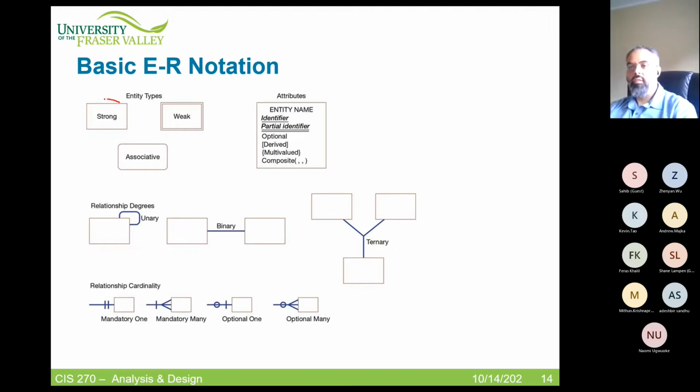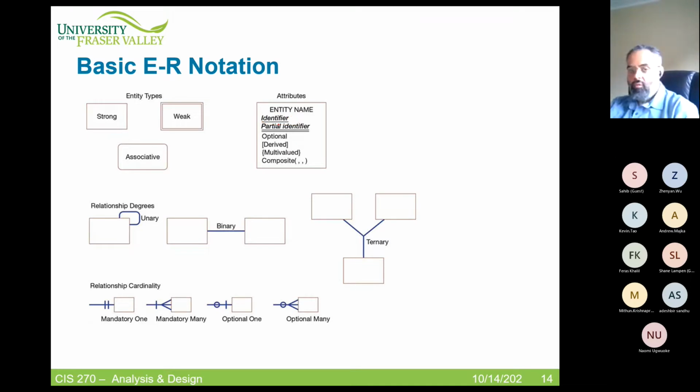So for an entity we will have a rectangle. Either the entity will be strong or weak, we'll talk about what that means, or associative. Here we'll have different attributes. The attribute can be optional, or derived, which must come from another entity. It can be multi-value, and can be composite, or can be a normal attribute, or like here an identifier, which is a key in this case.